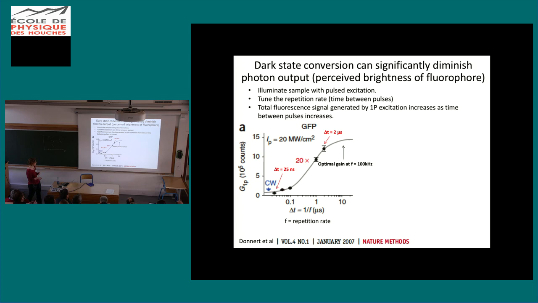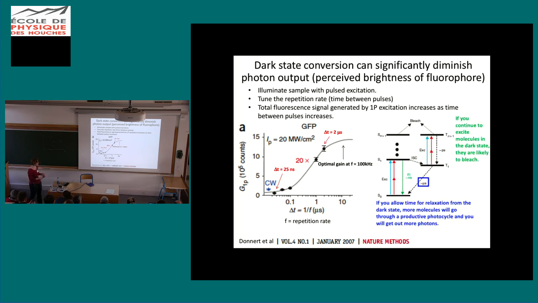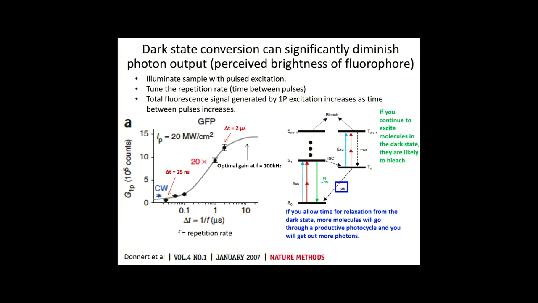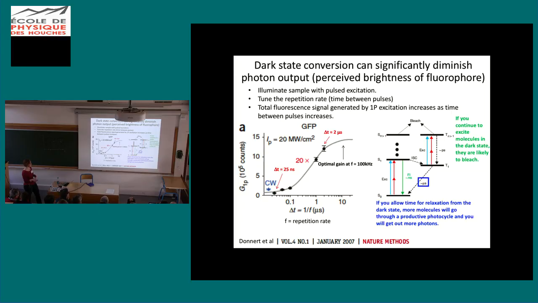It also suggests that where many of us are doing experiments, we have low signals, not just because the fluorophores aren't as bright as we would want them to be, but because they're converting to a dark state and they're not giving us photons to measure. And so this is just an example that if we excite and the molecules are converting to a dark state, if it relaxes on this microsecond time scale, if you allow for relaxation from that dark state before you hit it with light again, then you're going to have a more productive photocycle, you'll get out more photons.